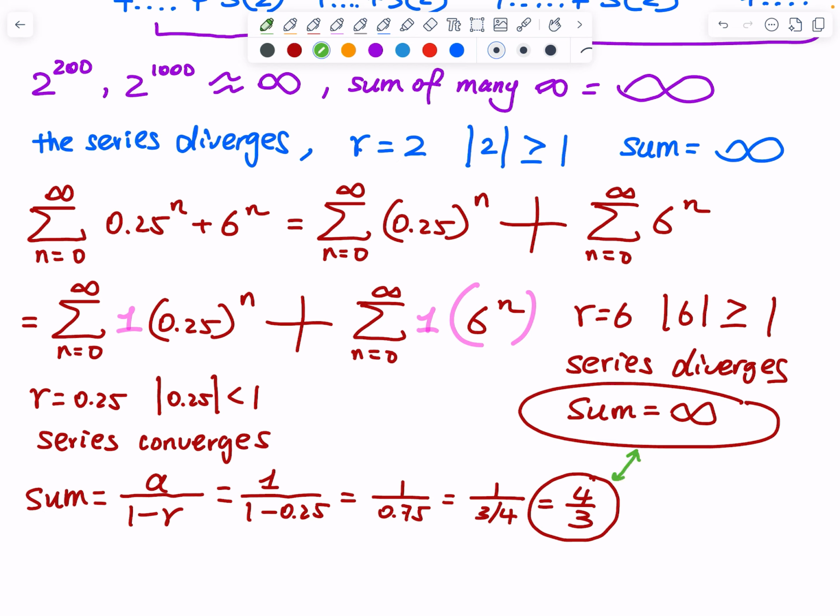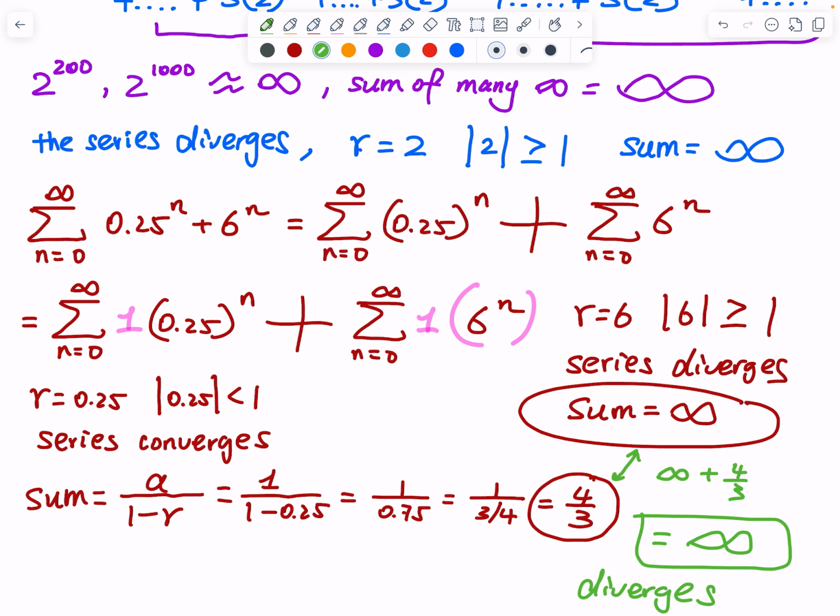So what is the sum? When you add infinity plus 4 over 3, that means the entire series sum is infinity. So the entire series as a whole diverges. That's all.